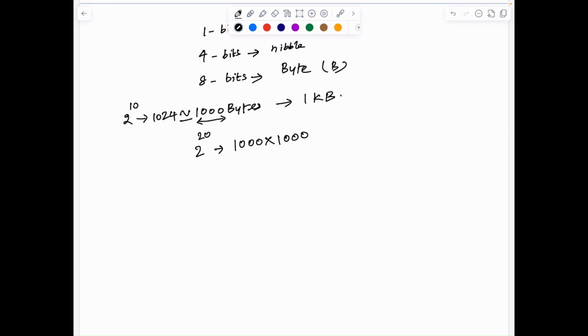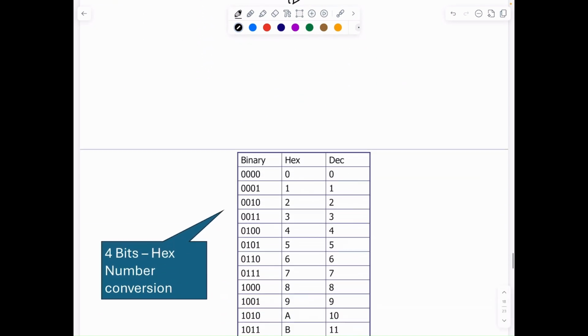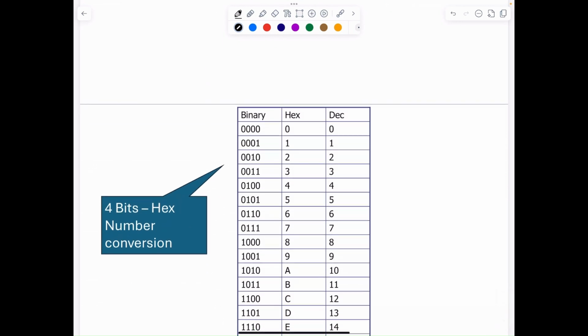But this 1,000 is very interesting. It's not exactly 1,000. It's actually 2 power 10. 2 power 10 is 1024. So they approximate that 1024 bytes are 1 kilobyte. So if you have 2 power 20, that is 1,000 by 1,000, which is a million, which is 1 megabyte.